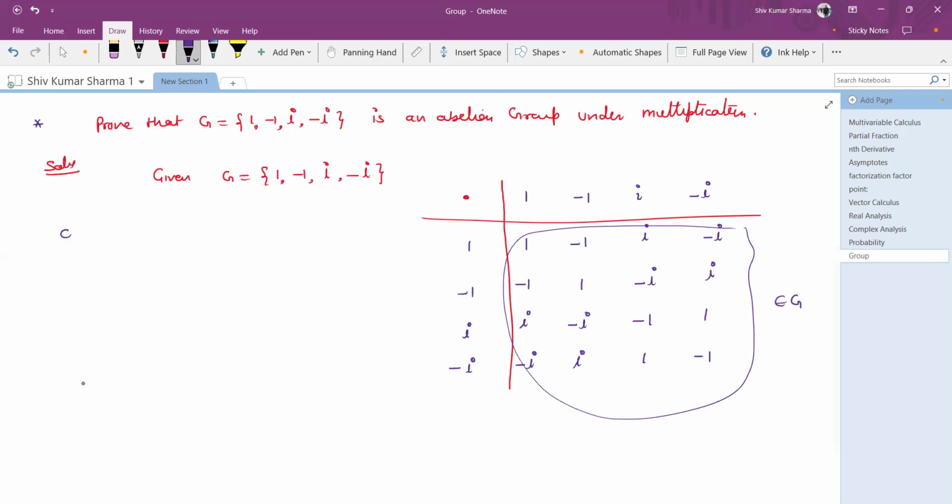When we write down the closure property, we can write directly that the composition table contains only elements of G, so closure is satisfied.